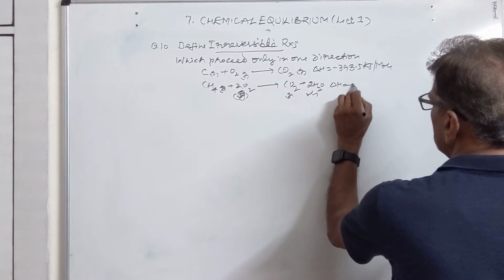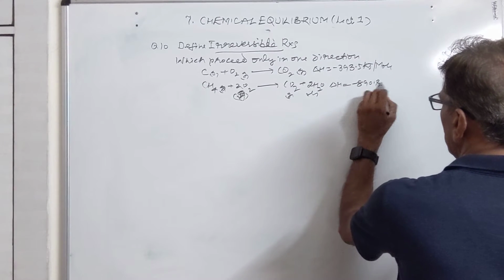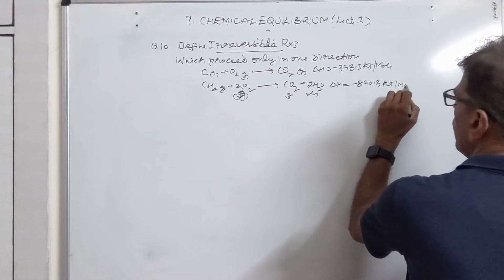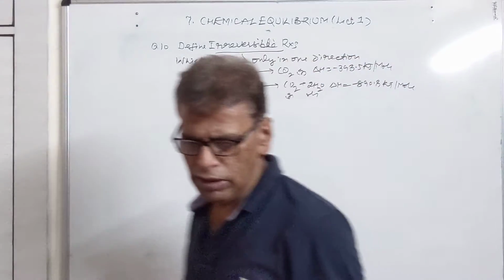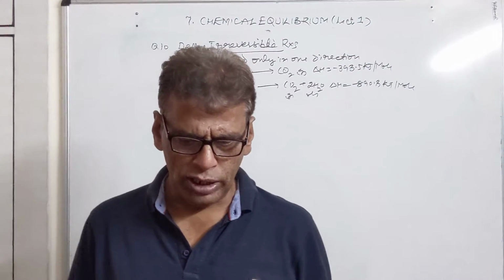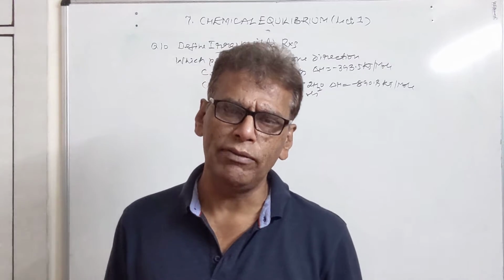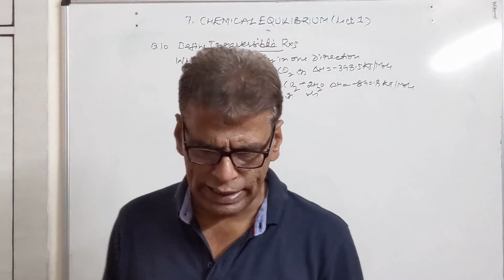Delta H is minus 890.3 kilojoule per mole. So these are irreversible reactions. They cannot be brought to the equilibrium state since products have no tendency to reform the reactants.